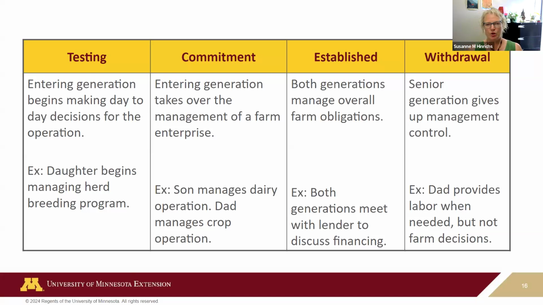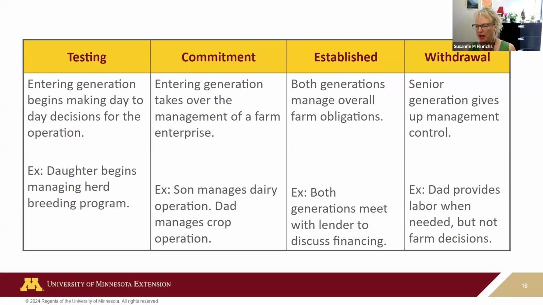So those are things that you can think about, ways you can divide up leadership on your farm so that you're giving that younger generation practice to be making those decisions. Once things have worked themselves out and you have established your new norm, working with two generations, you have both generations managing overall all the farm operations.